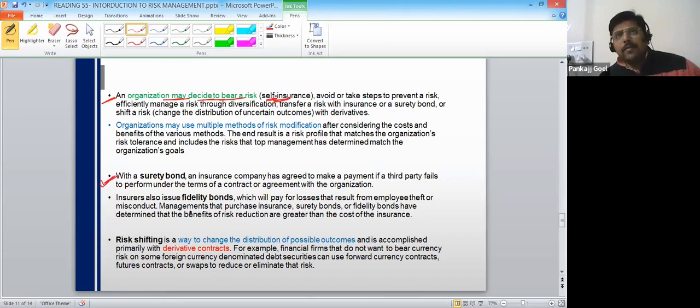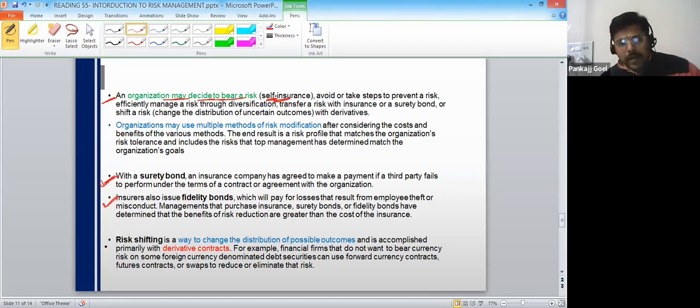And again, we can have fidelity bonds from the insurance companies. They say, okay, if there is any misconduct or theft from the employee side, we will pay you. So those are called fidelity bonds. Is it fine?